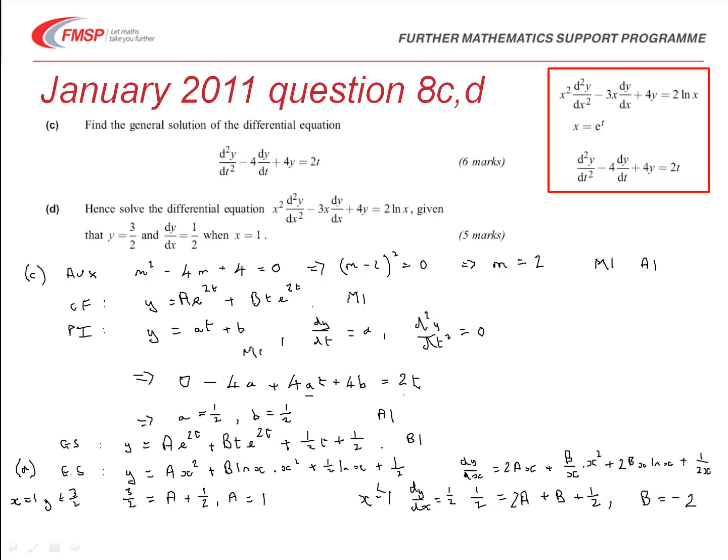And so finally, we can write out our general solution in our particular solution in whatever form it comes out in. So we know it's going to become ax squared plus bx squared ln x.